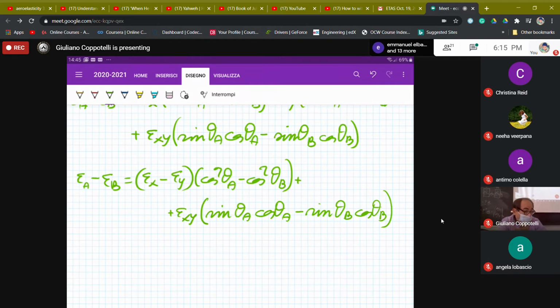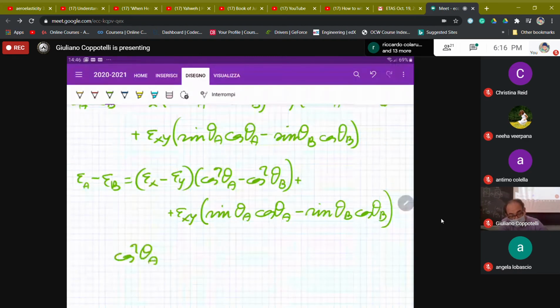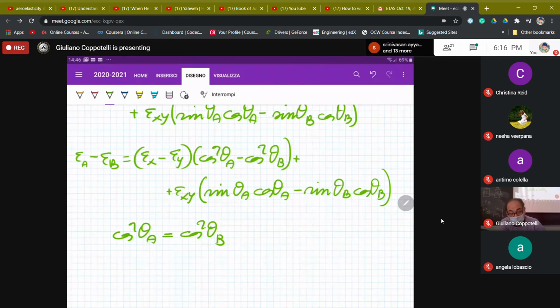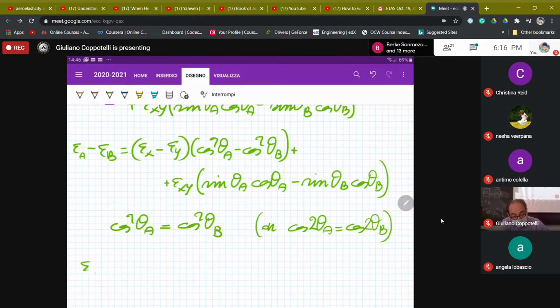Now we are once again designing the strain gauge. Let's assume that we set the orientation angle between these two strain gauges so that cosine squared theta A is equal to cosine squared theta B, or the same, cosine 2 theta A equal to cosine 2 theta B. If that is true, the difference between the strain gauge measurements is equal to 1/2 epsilon xy (sine 2 theta A negative sine 2 theta B).